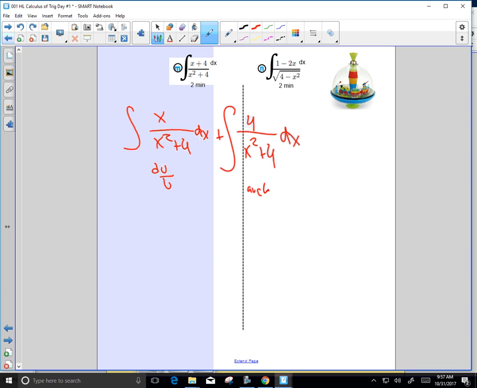Arctangent. Okay. And for this one, you'll split it up. The first one, with the 1 over square root of 4 minus x squared, what are you going to use? Arc sine. And then what are you going to use for this part? U sub. Yeah. Great practice. Do those two for practice.